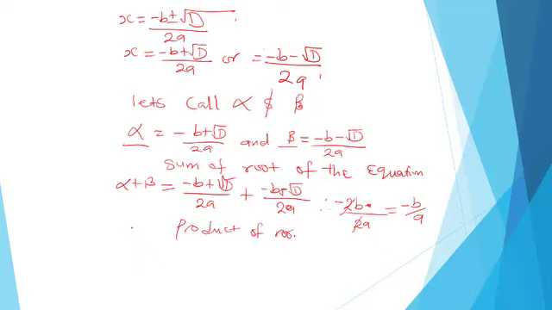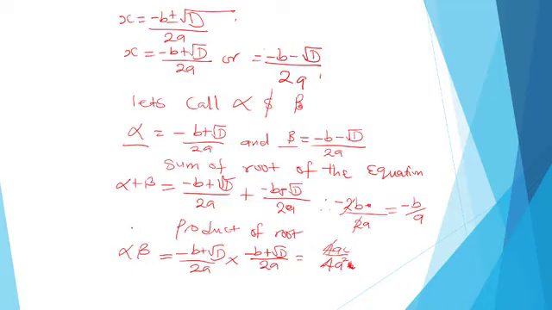Product of roots, we now have alpha beta to be equals minus b plus root d over 2a times minus b plus root d over 2a, which is equals, you now have this is 4a square, and here if you multiply this by this, you now have this 4AC.